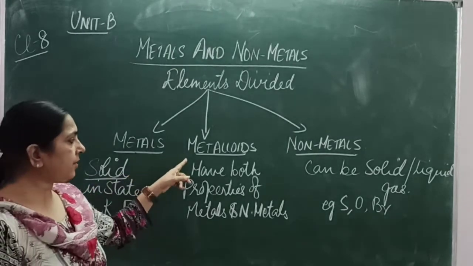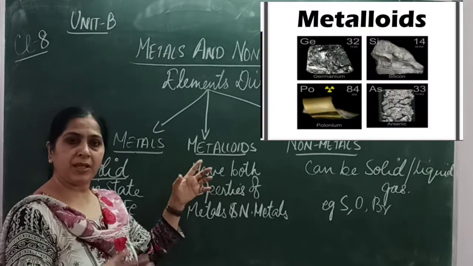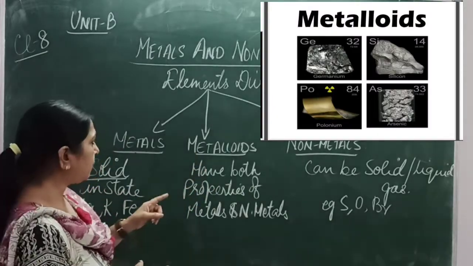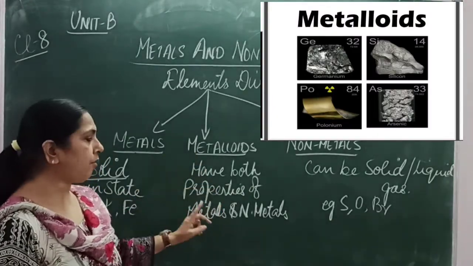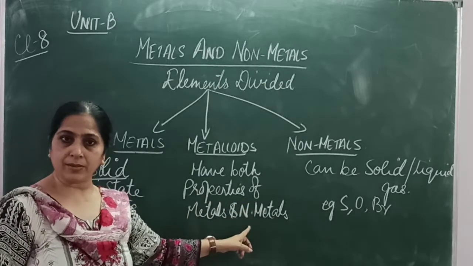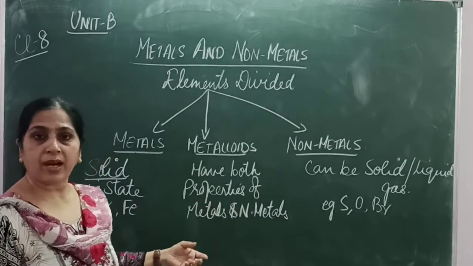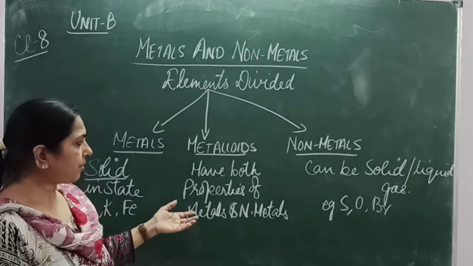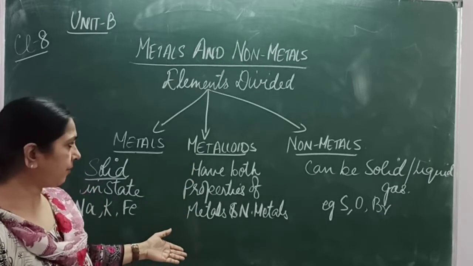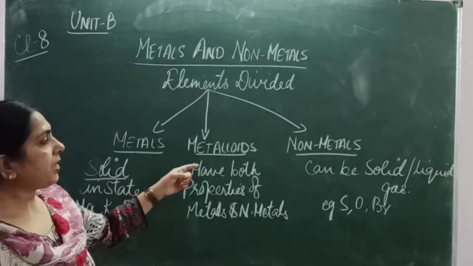Now what are metalloids? Since they are mixtures of metals and non-metals, they have both properties of metals and non-metals. Okay, like some of the common metalloids, arsenic, right, and some others we shall discuss afterwards. Then what are non-metals?